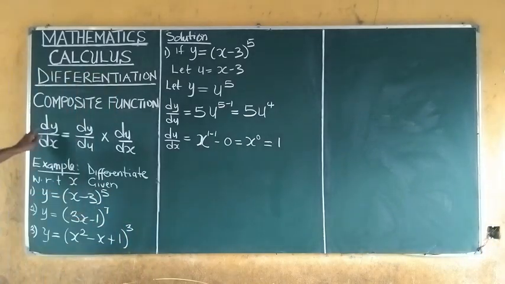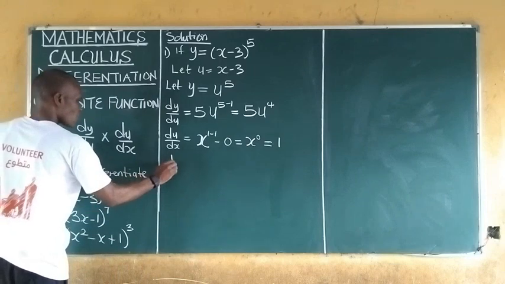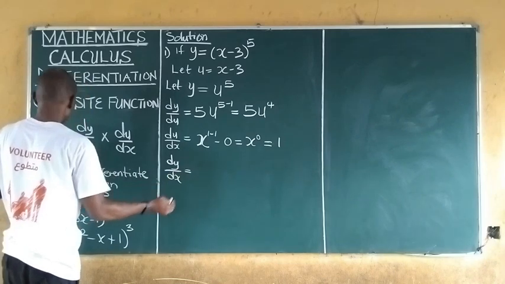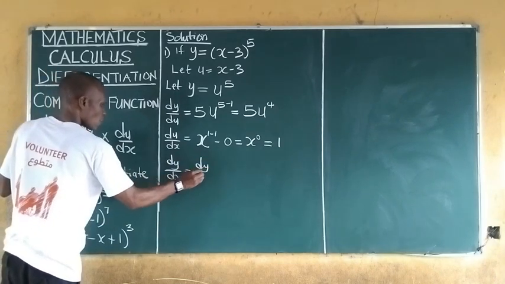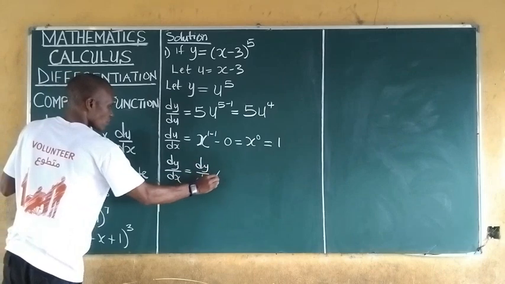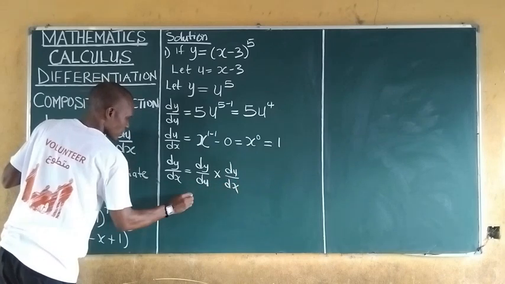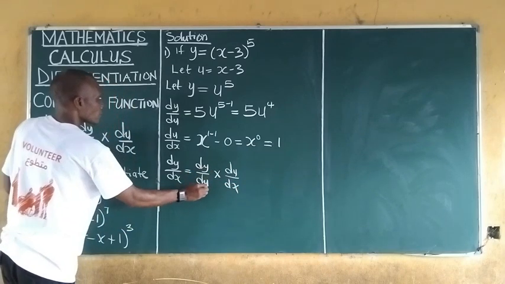Now, we'll go back to our composite function formula, which states that dy/dx is equal to dy/du multiplied by du/dx.